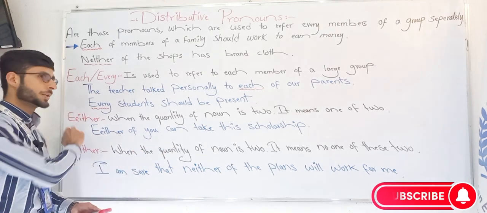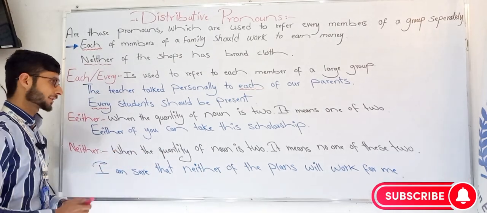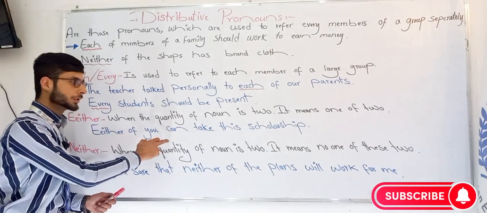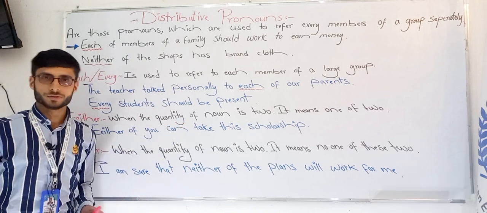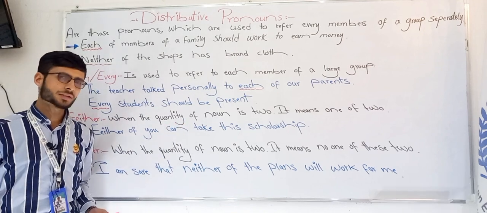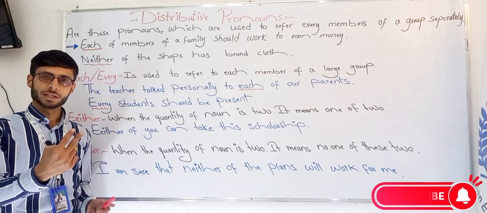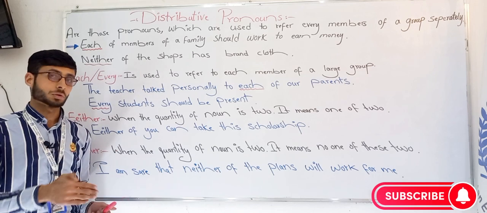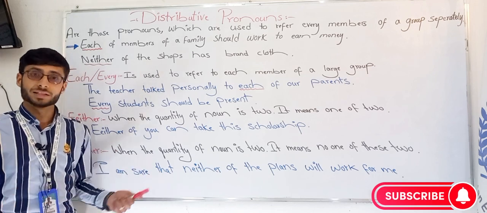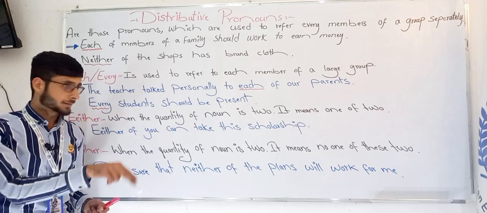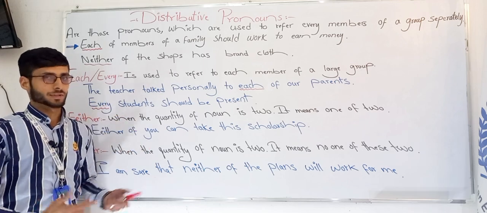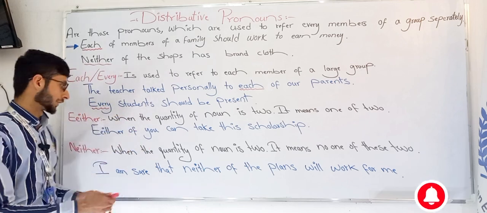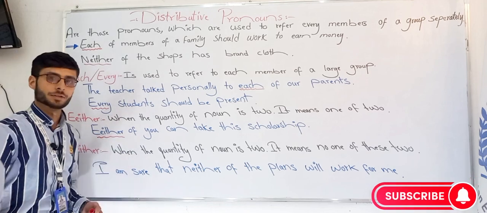And here we should use either. Like this sentence: Either of you can take this scholarship. For example, there is a scholarship. There are two people who want to take this scholarship. I want to use either here. از لازمی دو نفر یکیش باید scholarship چی کنه؟ بگیره، قبول کند. And here we can use either.